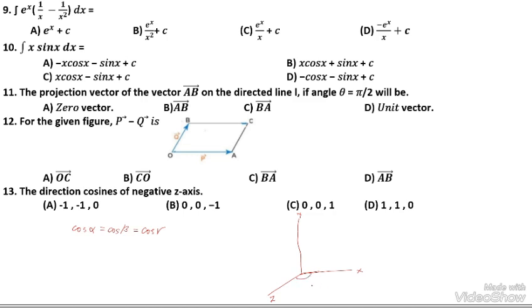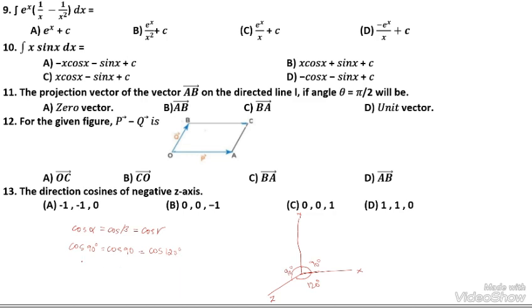From this one to this, the negative angle shows 120 degrees. Axis to y-axis will be 90 degrees and this is 90 degrees. So I can take the values here, that is cos 90 degrees on y-axis, that is beta, cos 120 degrees for z-axis. Negative axis, it shows 120 degrees.